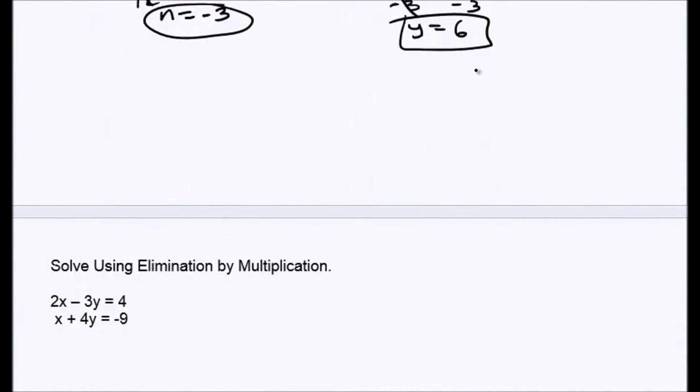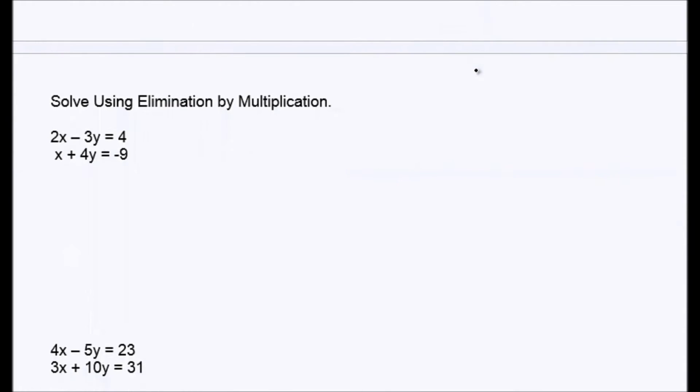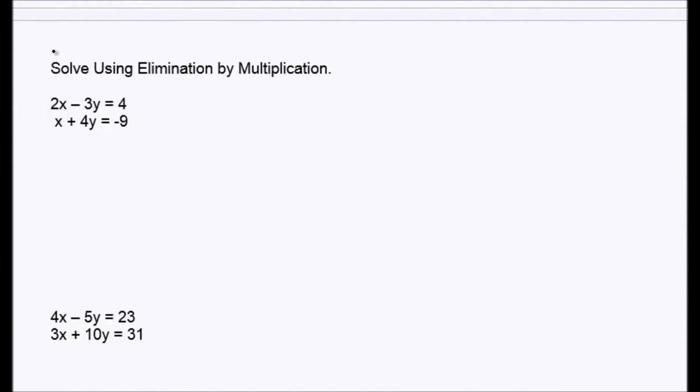Now, it's not always that easy. You may have to use multiplication because you may not have terms that you could add or subtract to eliminate, and this is a perfect example. But what we can do is, if we take the second equation, and what I'm going to do is rewrite the first one here, and if I take the second one and multiply everything by 2, oops, I forgot my 2 here.